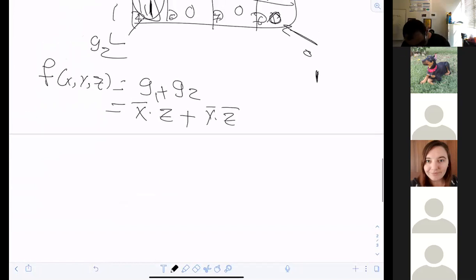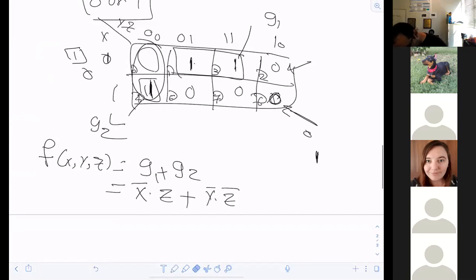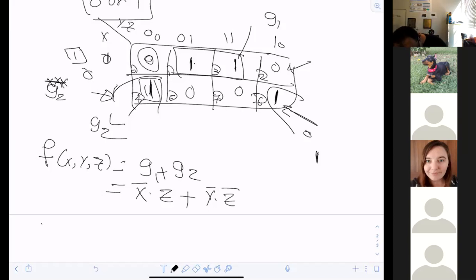But it doesn't mean that I don't have another solution. What other solution? I can literally remove this and put it 0 and I make this 1. Then I can just go ahead and group this together. And that will be my alternate group 2. So my second solution will be group 1 with group 2, right?